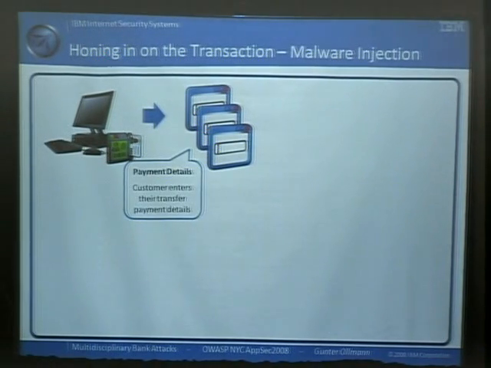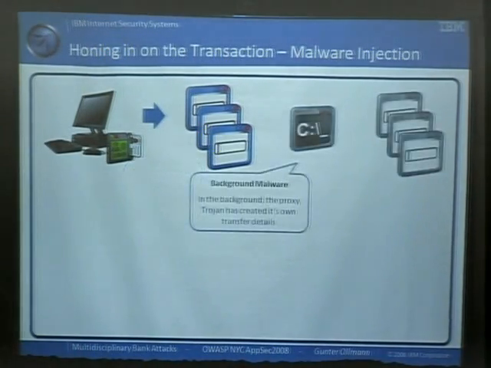So what we're then seeing, and this is real, this is how the malware is actually operating, is that you see the same sort of interface for creating your bank transfer. It may be a new account transfer, or a standing order, or a single transfer. While you're filling in those forms, the malware is kicking off in the background and has a second transaction already prepared.